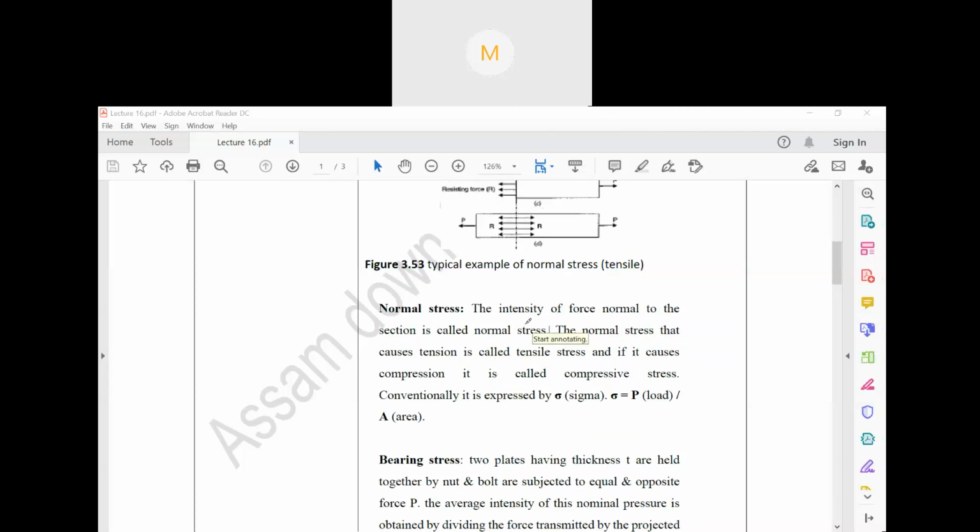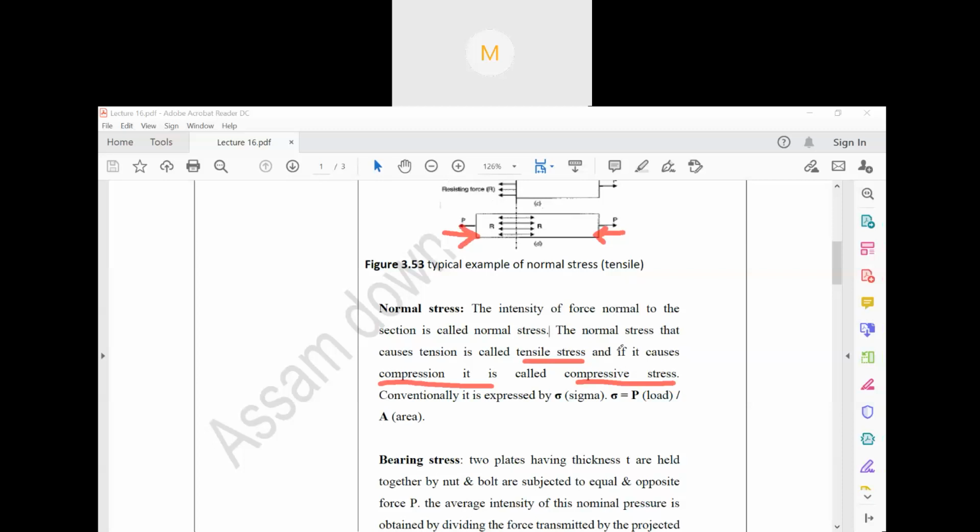Now, we discussed tensile stress. Now we have to discuss compressive stress, right? How to discuss compressive stress? Now, if you are applying a push, not a pull, okay? If you are applying a push here and here, that means you are compressing it, right?